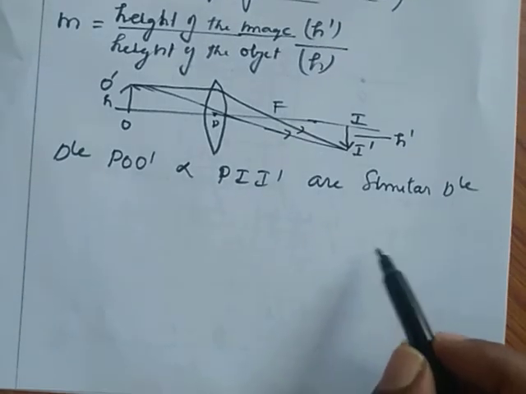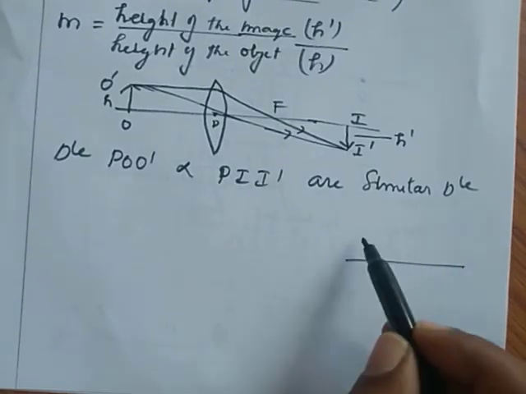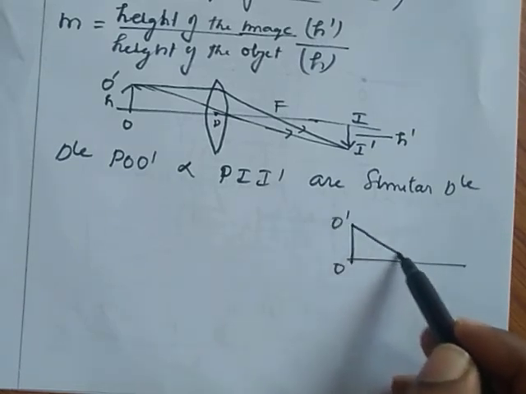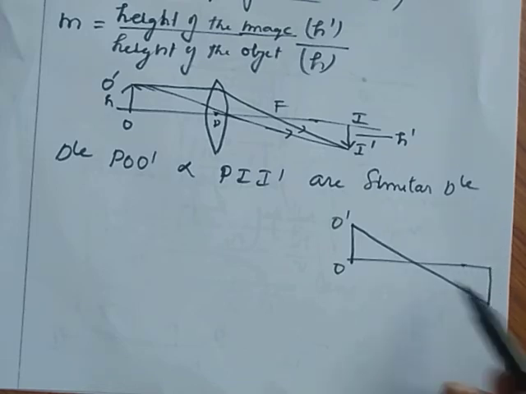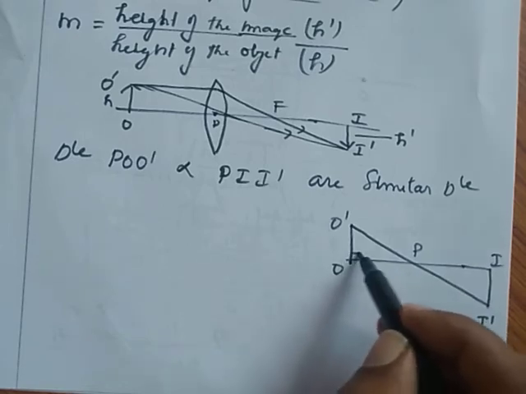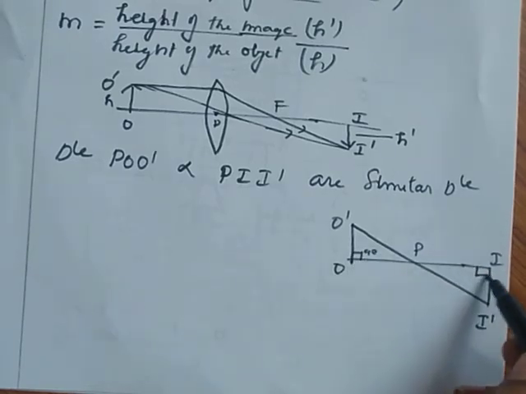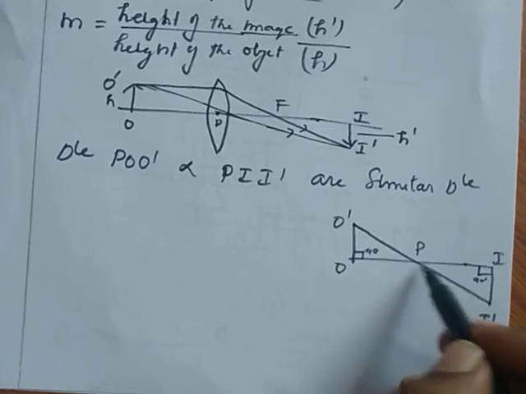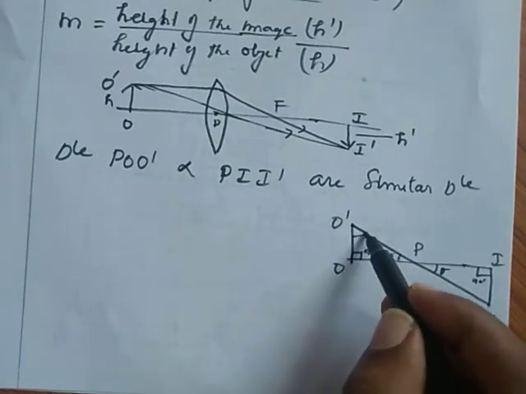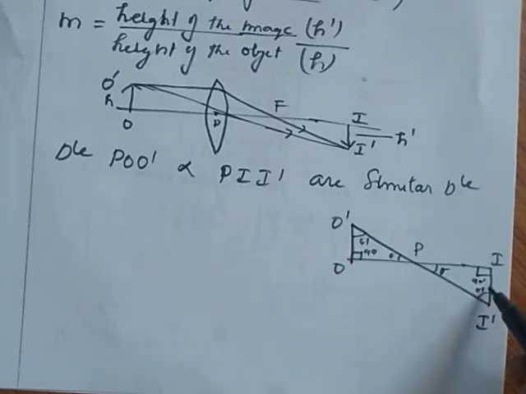See the triangle O dash P, this is the point P, this is I dash I. Here it is 90 degrees, here also it is 90 degrees. This is a vertically opposite angle. Suppose this is theta, this also theta, so this angle will be the same, theta dash. Here also it is theta dash, so we can consider these two are similar triangles. Then the ratio of these two triangles is the same.